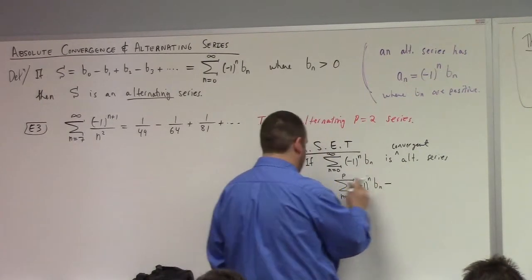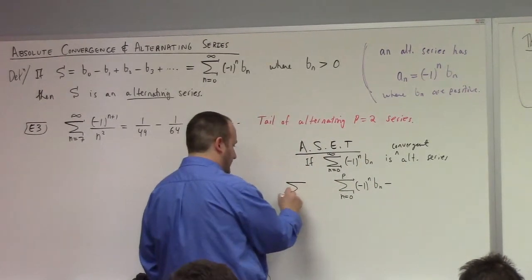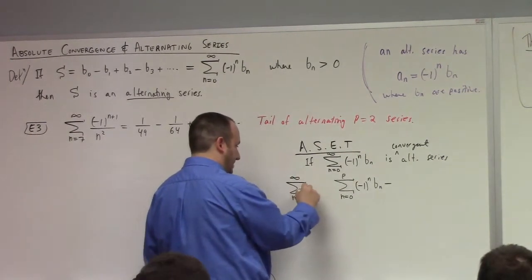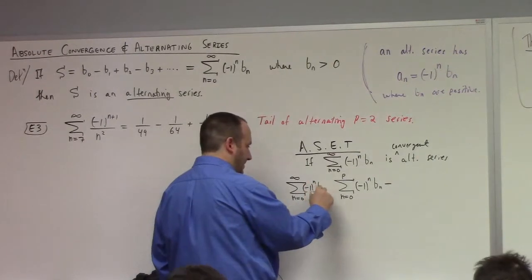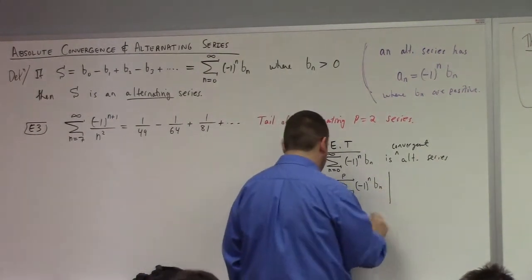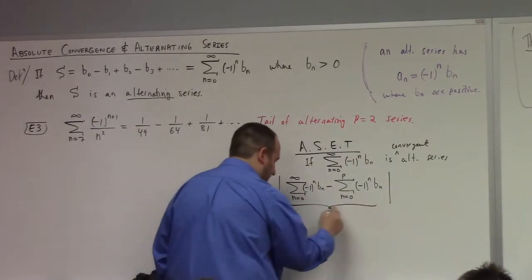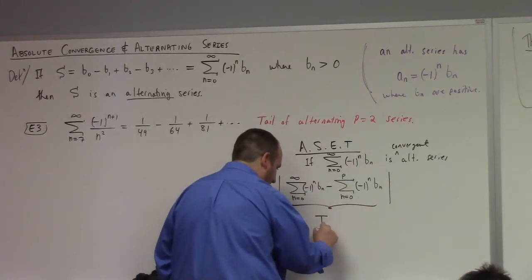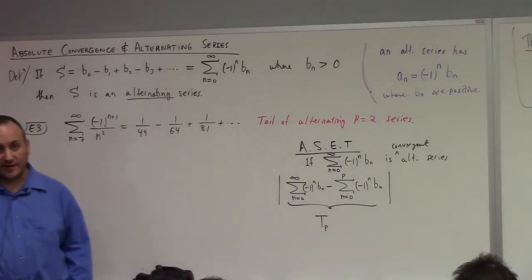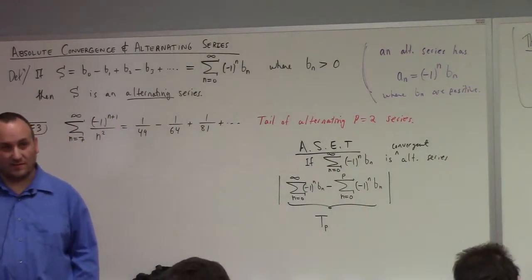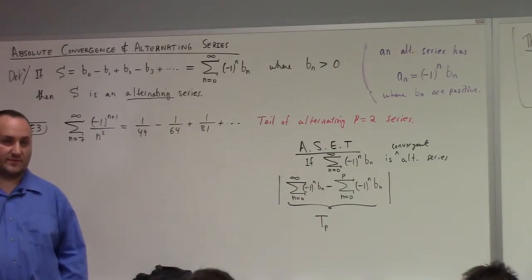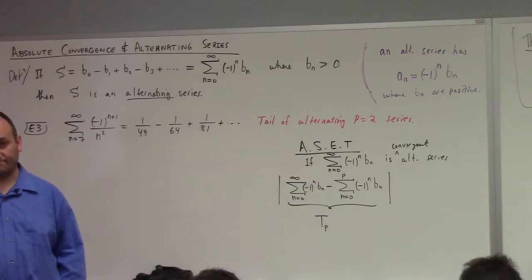Well, take the whole series, subtract the pth partial sum. The absolute value of this, in other words, this is T sub P for the alternating series in question. That's the tail, right? Formed by taking the whole series and subtracting off the pth partial sum. Okay?